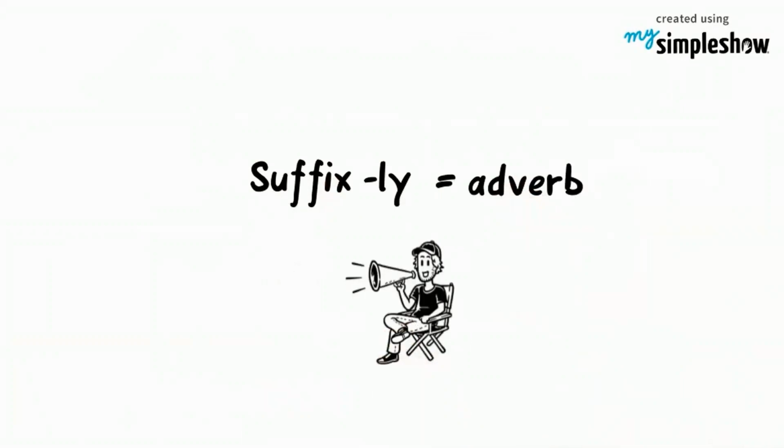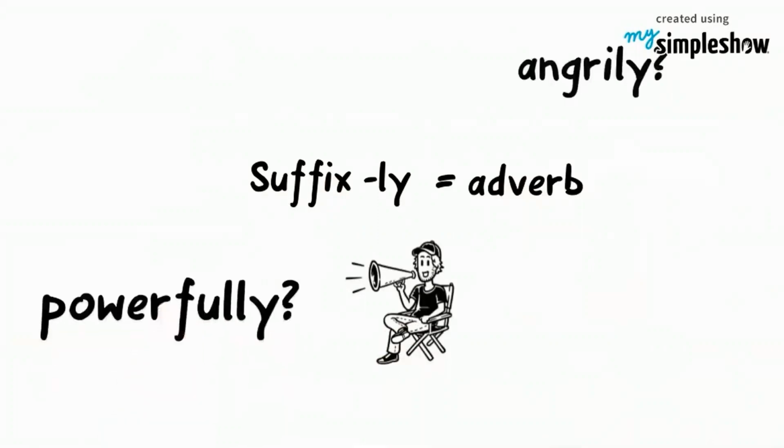So if you want to add more information on how a verb is done, or you want to add intensity to your adjective, or you want to add more information about your adverb, then you use the adverb. Now you have your examples in here: angrily, powerfully, and occasionally.